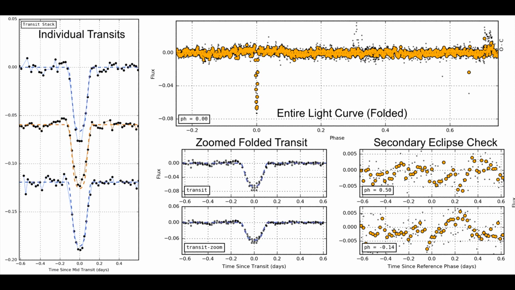This one has no clear secondary eclipse, and the only giveaway sign for this one is the drop in flux, or the drop in brightness, which is 0.08, I think an 8% drop in brightness, which is a bit too much if this would have been a planet.